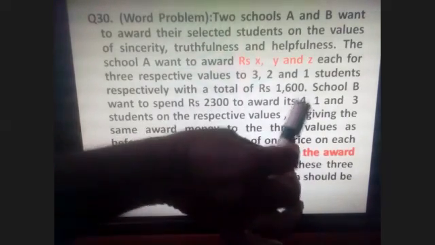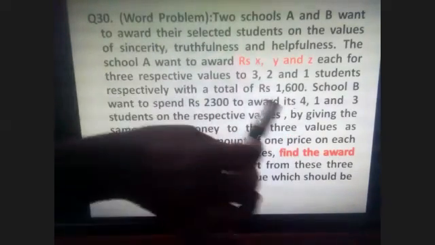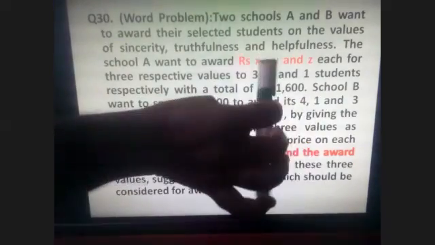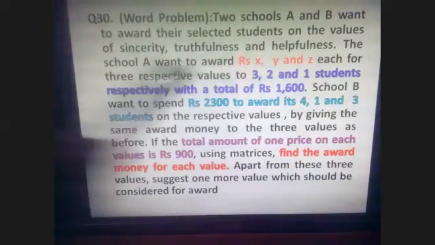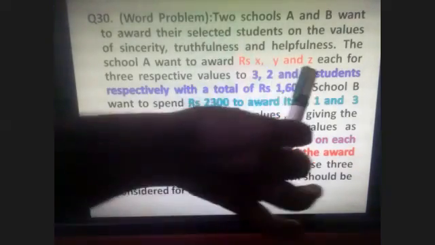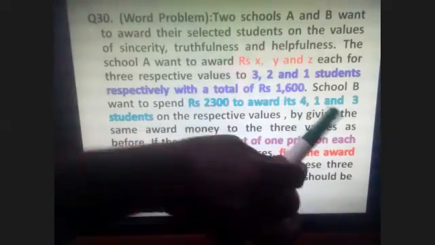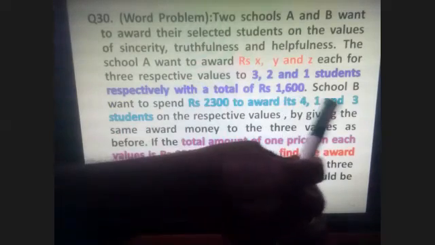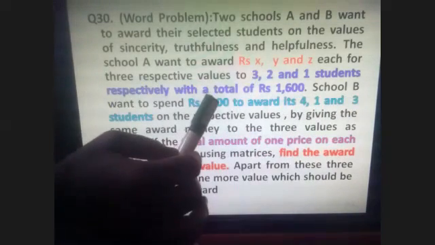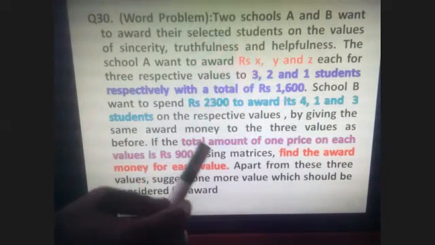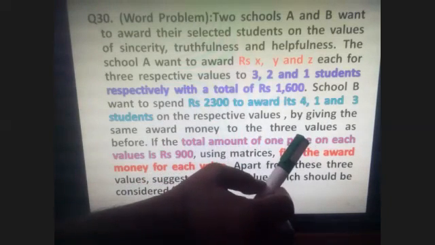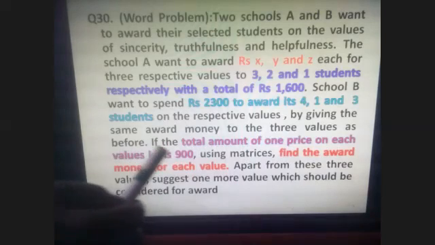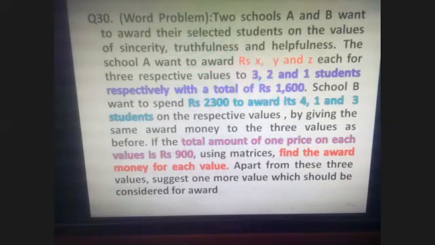That is 4 students for sincerity, that is 4x plus 1y plus 3z. Right? Look at here, 3x plus 2y plus 1z will be 1600, 4x plus 1y plus 3z will be 2300, and here we have the total amount of one prize on each value is 900. That means x plus y plus z is 900.